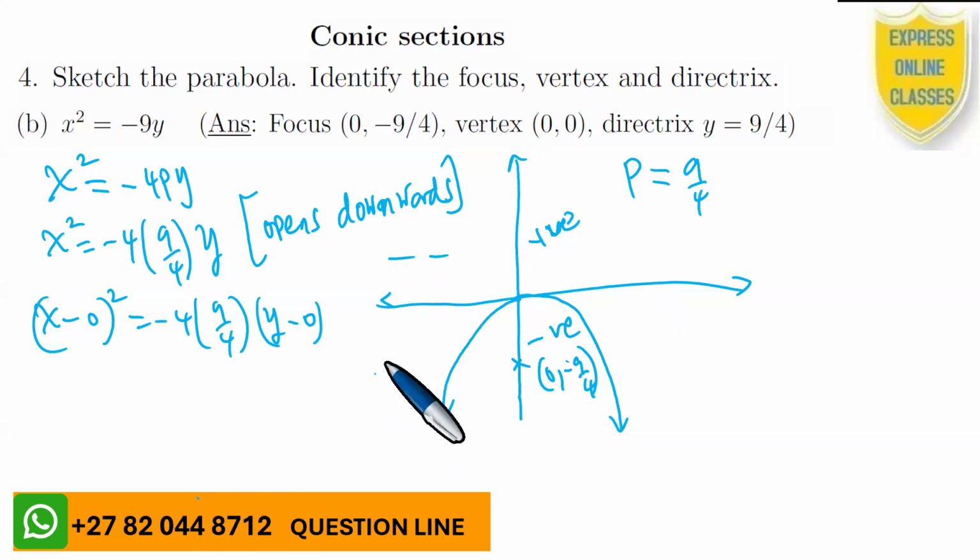Right, that's a good question. How do we know which side it opens? You look at the side of the y, or the right-hand side. Because it is minus 4py, it's minus 9y.